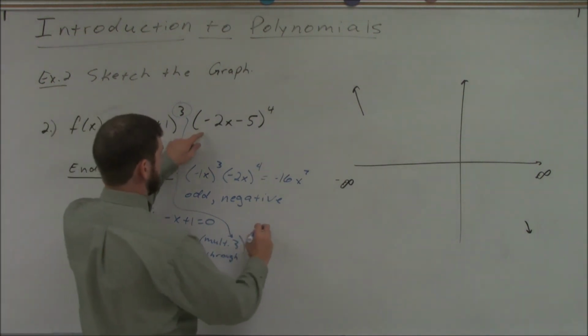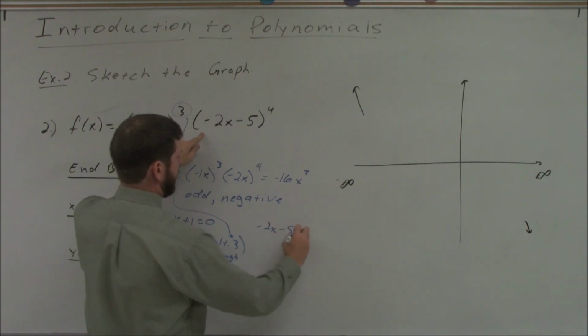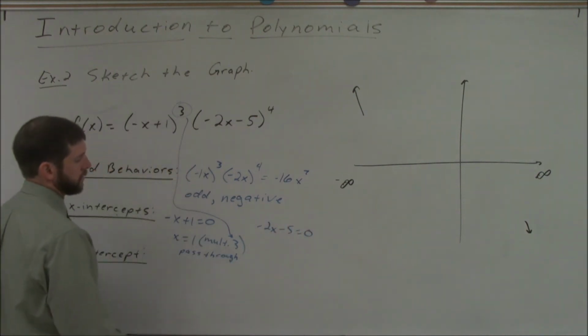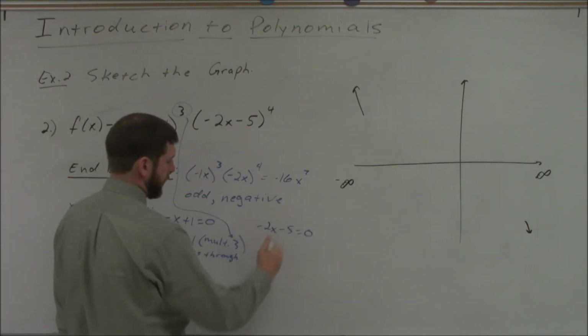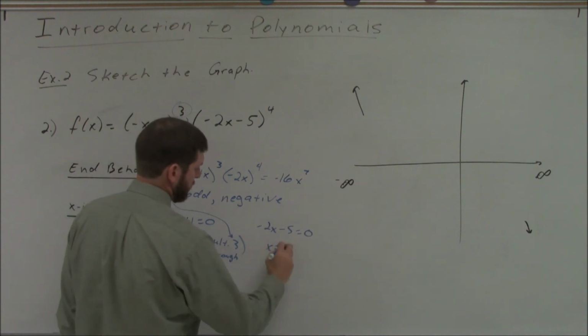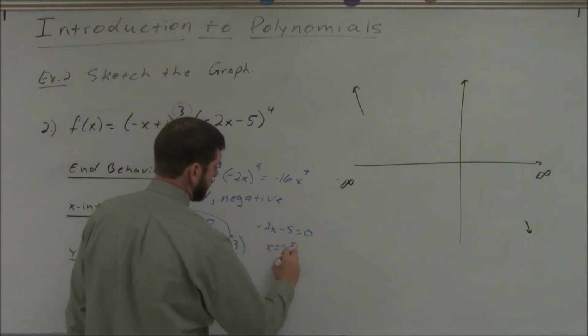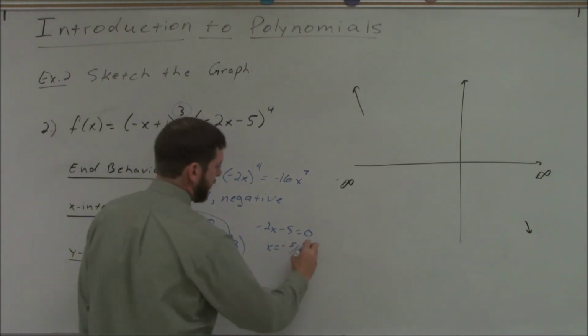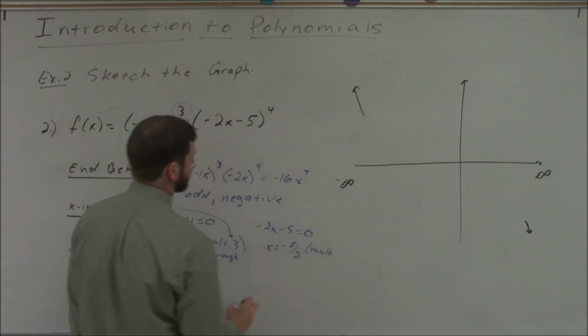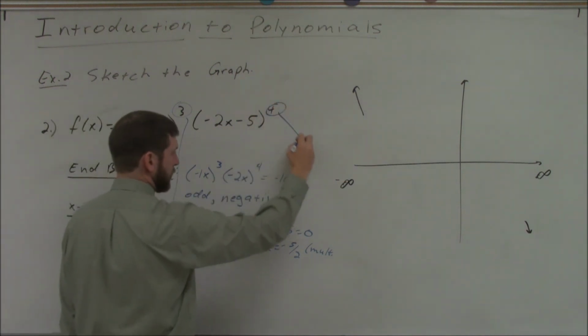Alright, then we're going to take the negative 2x minus 5 equals 0. Add your 2x over, divide by 2, get x equals negative 5 halves. And that has a multiplicity of 4.